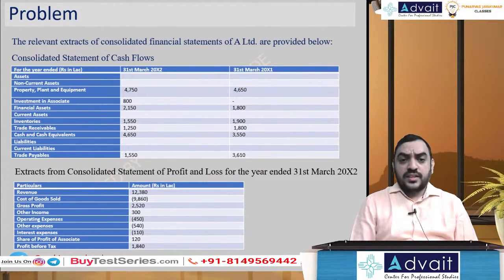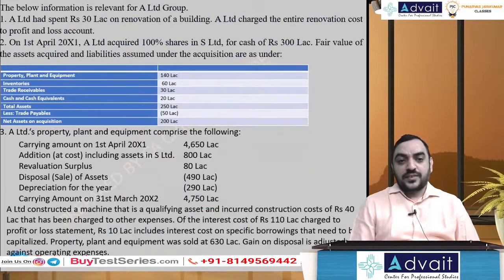Extract from consolidated profit and loss for the year ended 31st March 2002: revenue, cost of goods sold, gross profit, other income, operating expenses, other expenses, interest expenses, share of profit from associate, profit before tax.